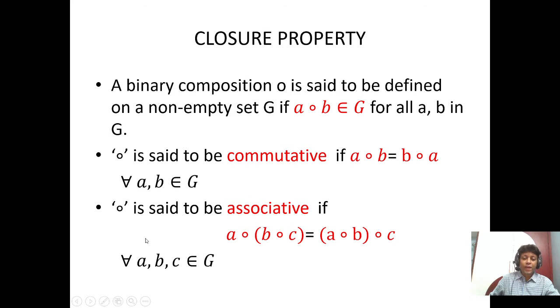And circle is said to be associative if, you see the last line, (a circle b) circle c equals a circle (b circle c). So this is called the associative property. As you have seen in set theory also, this type of property is commutative, associative for all a, b, c belongs to G in this case also. So in this case we talked about the closure property, that is binary composition is closed, the commutative property and the associative property.